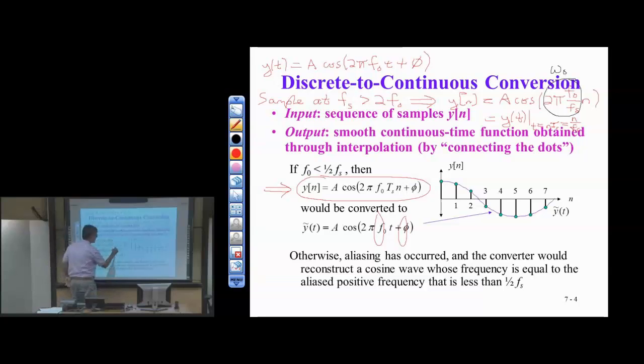We've just taken Fs and replaced it by 1 over Ts. Oh, I forgot the phi. And as long as the phi is constant, it's not going to affect us much at all. Really, it's just an offset. It doesn't affect the frequency content of the signal.